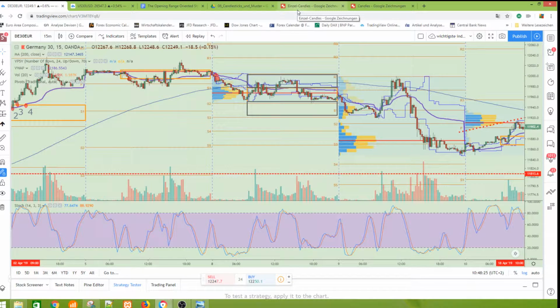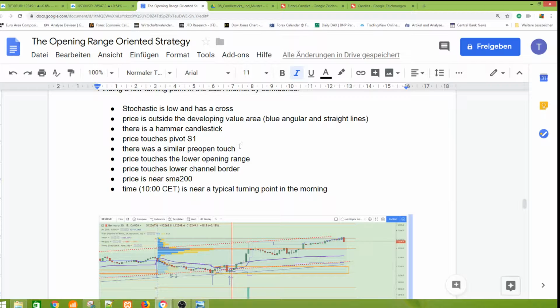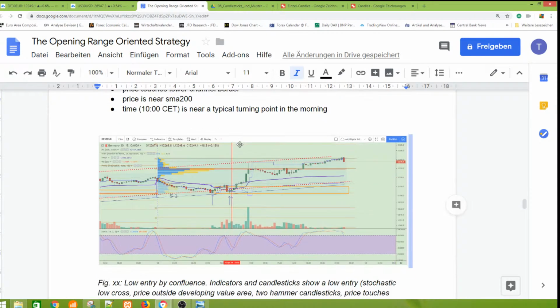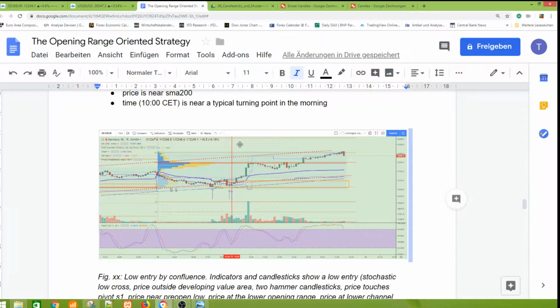Maybe we summarize again. Confluence means many indicators at the same time. We look at as large a count of indicators as possible to find a low entry.